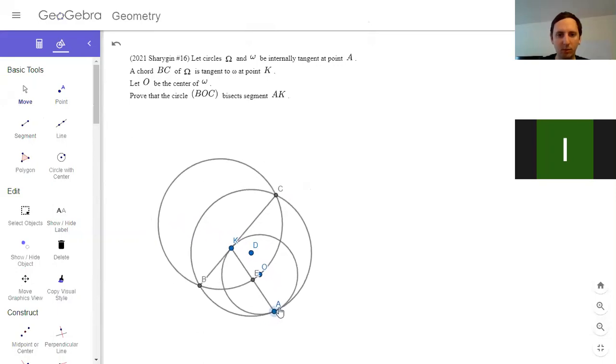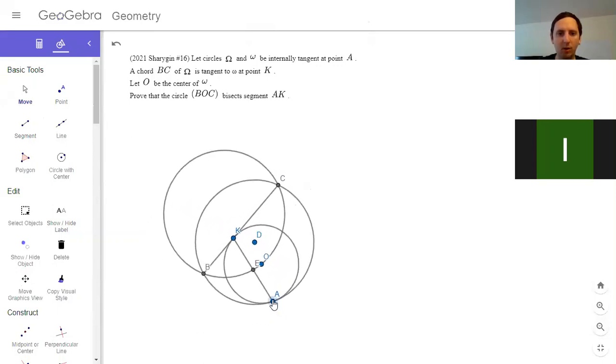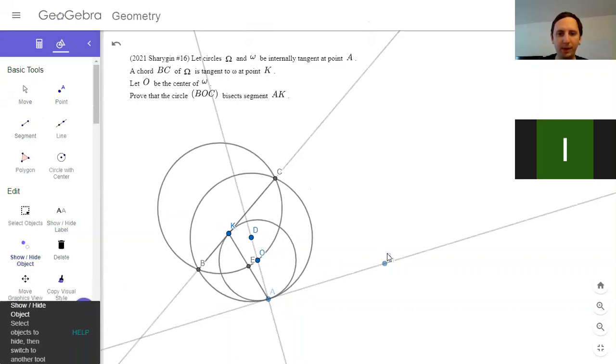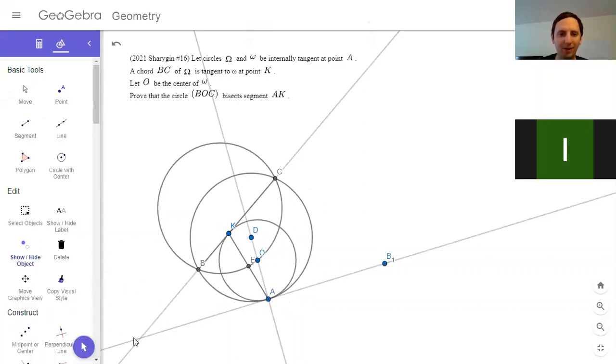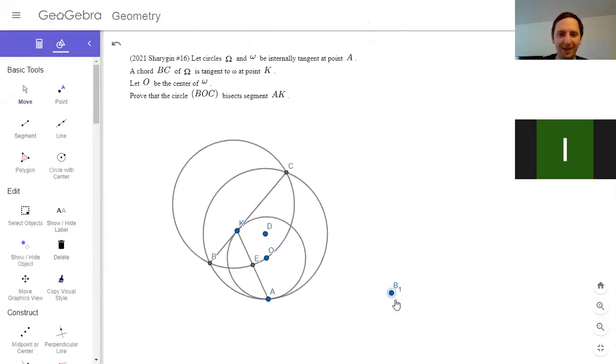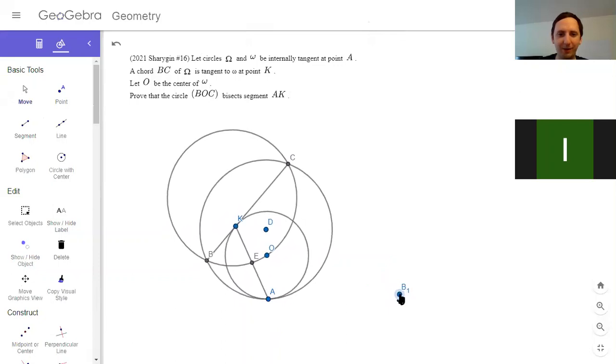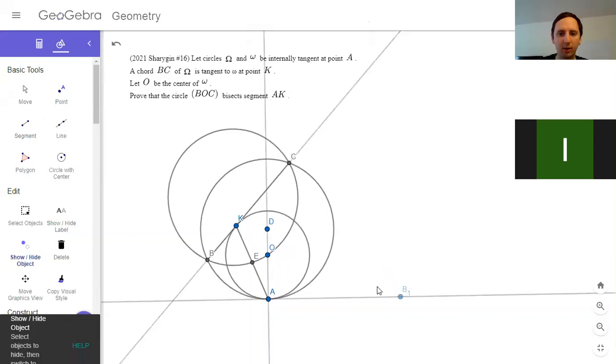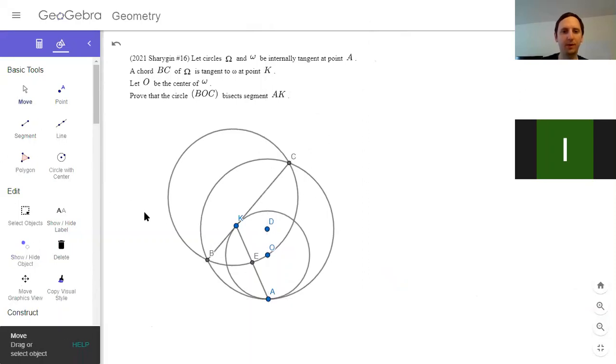Oh, I think because I hid B, I don't have control. There we go. All right. Yeah, it looks like an easy problem. It was later in the contest. Let's see.